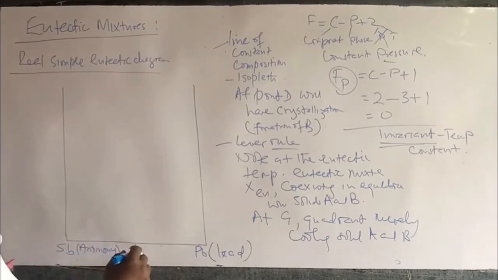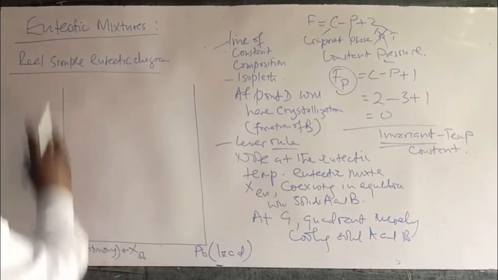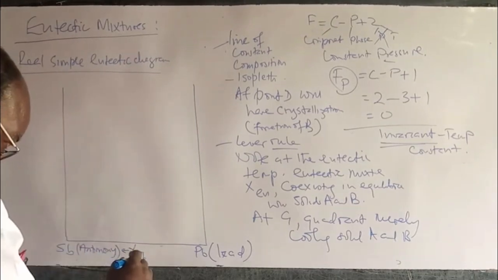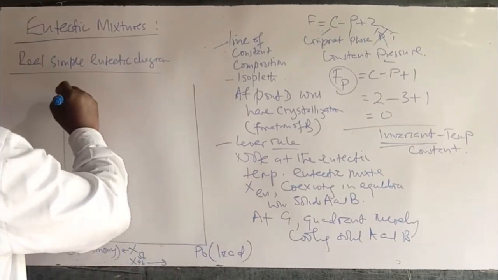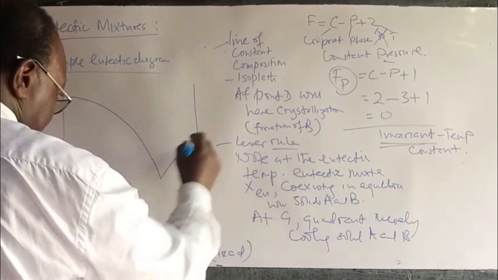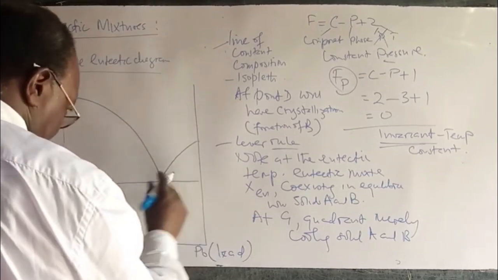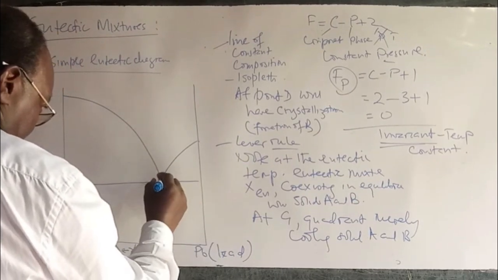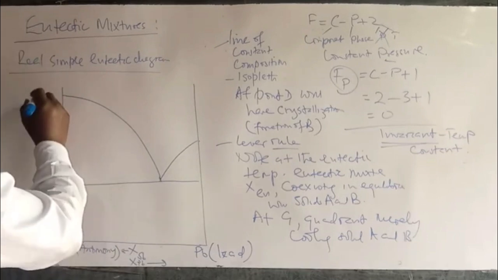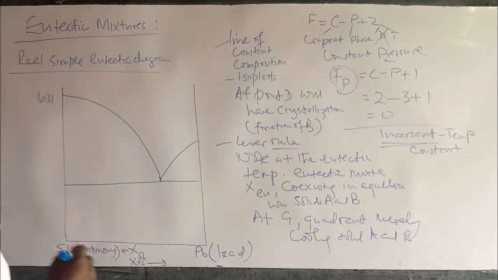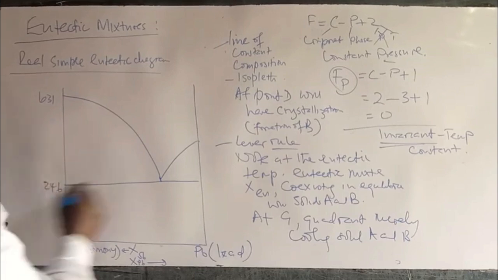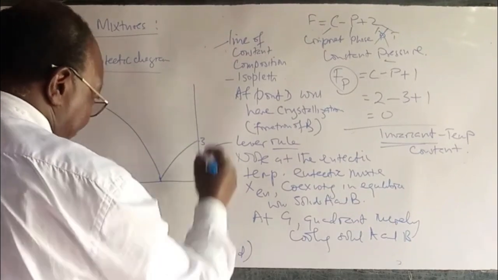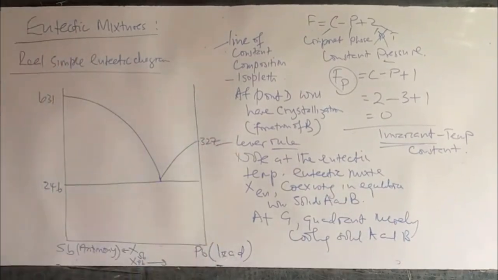Of course, the mole fraction of antimony is in that direction, 100%, and lead is in the other direction, 100%. For the antimony-lead system, the melting point of pure antimony is 631 degrees centigrade, and the eutectic temperature is 246. And for pure lead, it's about 327 in terms of temperature.